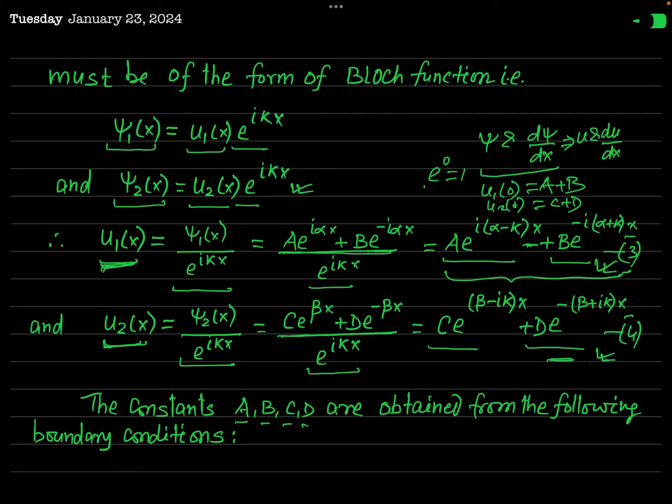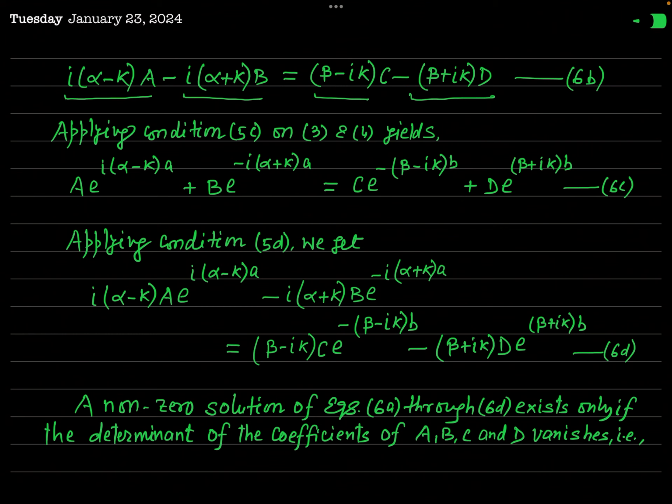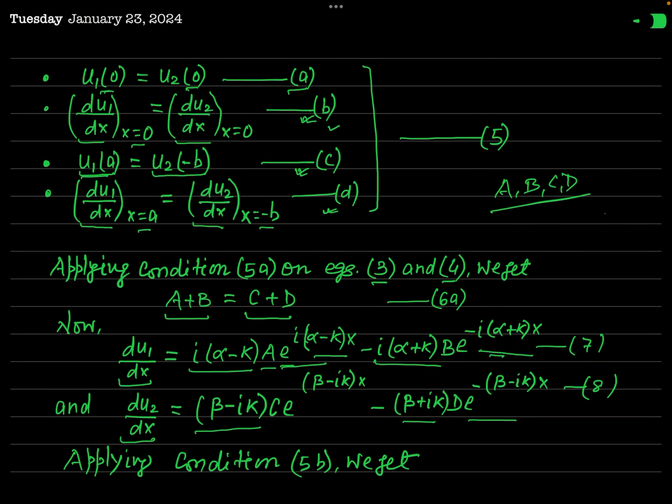And after substituting these, you will get that u1 is equal to u2 and your result will be a e^(i(α − k)a) + b e^(−i(α + k)a), and that is equal to c e^(−(β − ik)b) + d e^((β + ik)b). Okay. So this result has been obtained by applying this third boundary condition on the above two equations.